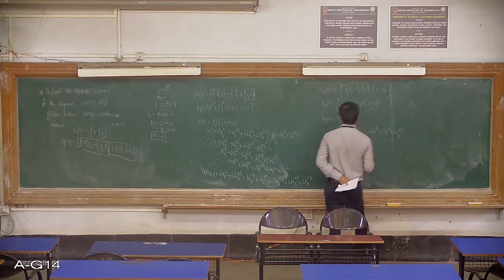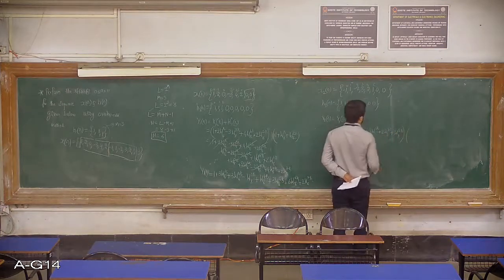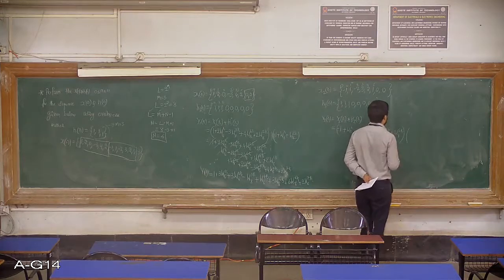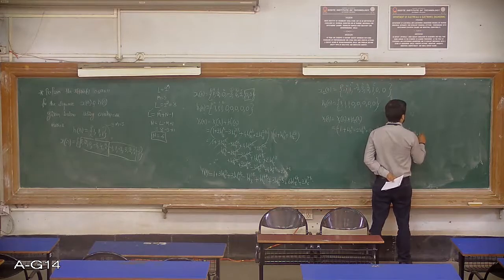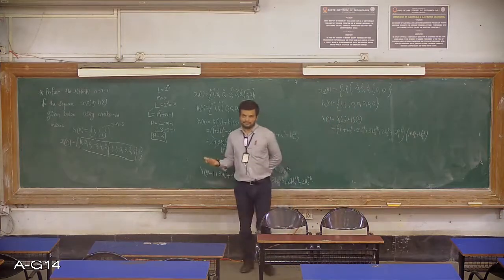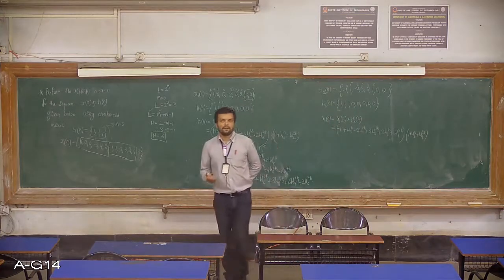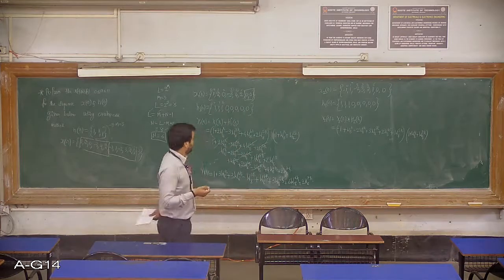Is it clear? So this is nothing but x of k. H of k remains the same. That is nothing but 1 plus W8 of k plus W8 of 2k. The H2 of k will remain the same. Compute the values.